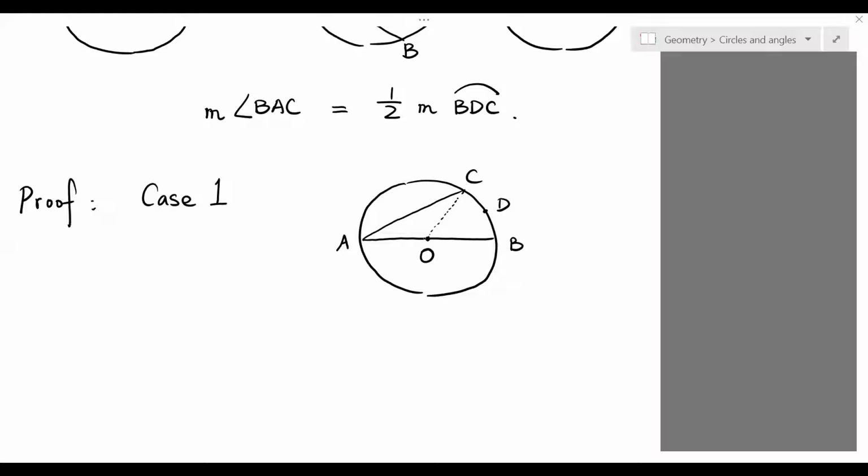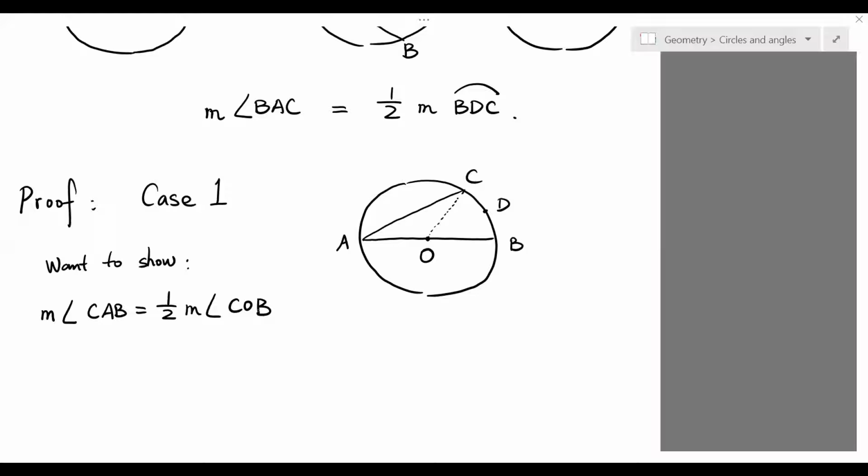What we want to show is that the measure of the angle CAB is 1/2 of the measure of the angle COB, because by definition the measure of the angle COB is just the measure of the arc CDB.